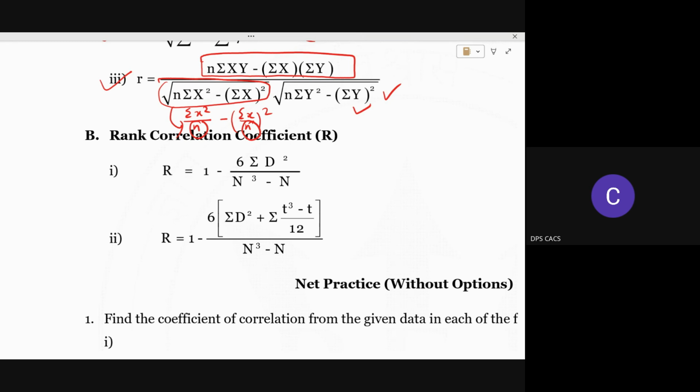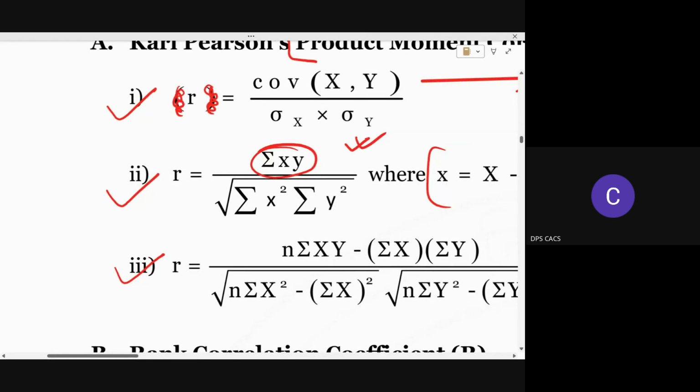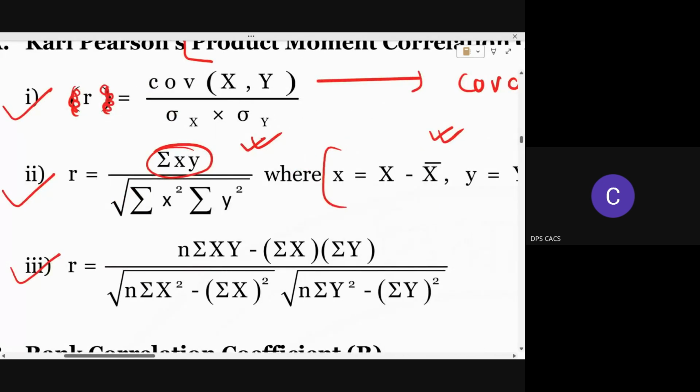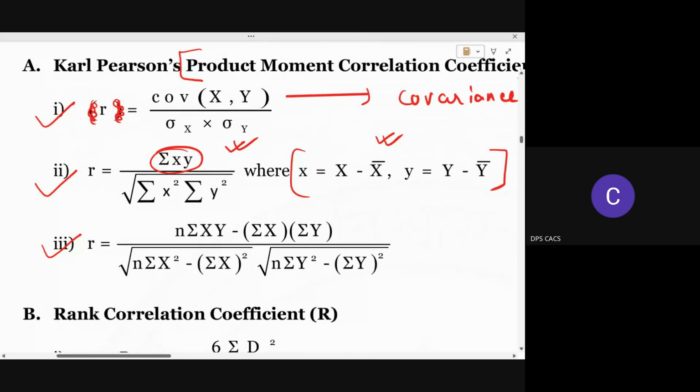Formula number 2, learn it really well, don't forget it at all. If you are done with Formula 3, then learn 1 and 2 as well.